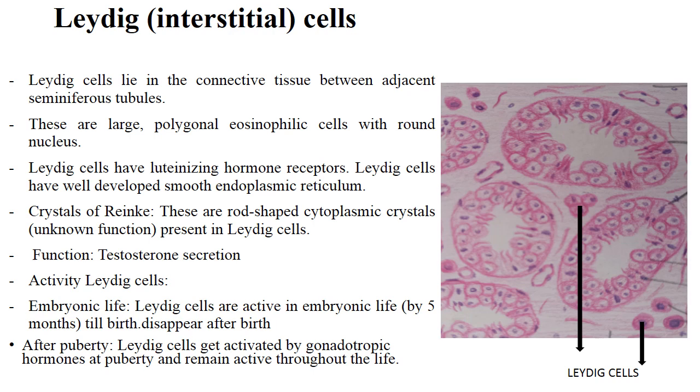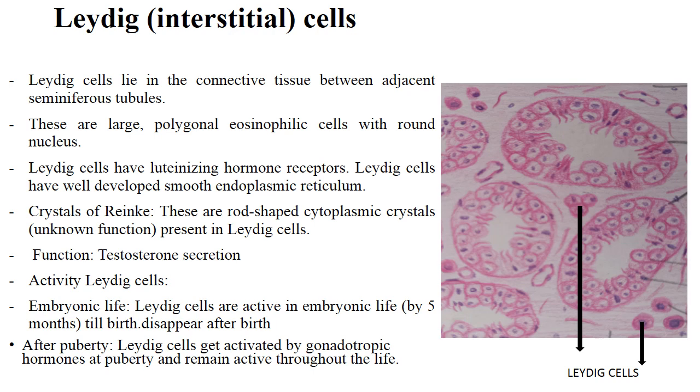Luteinizing hormone stimulates Leydig cells for production of testosterone, and the steroid secreting foamy eosinophilic cytoplasm is present because the Leydig cells have well developed smooth endoplasmic reticulum, and their main function is testosterone synthesis. So testosterone is synthesized by the Leydig cell, and the secretion is stimulated by interstitial cell stimulating hormone from the pituitary gland.